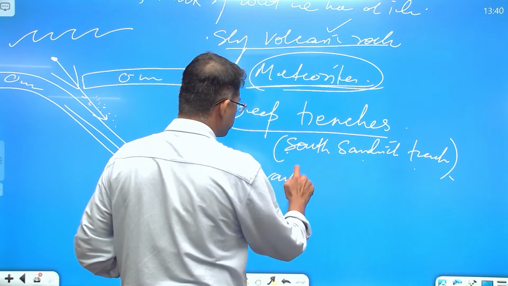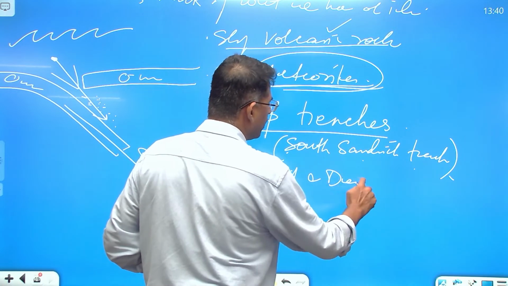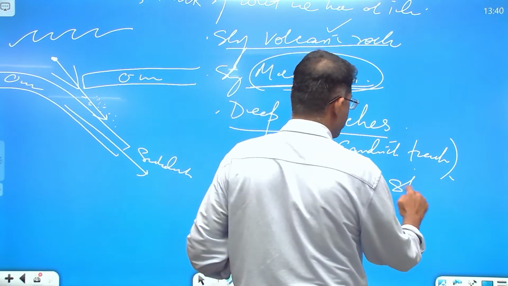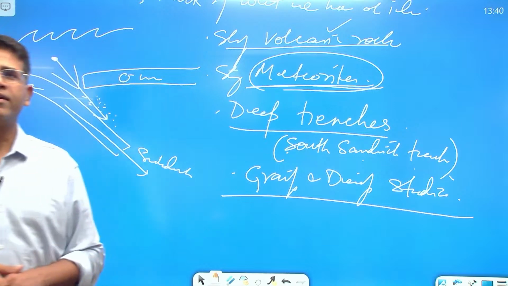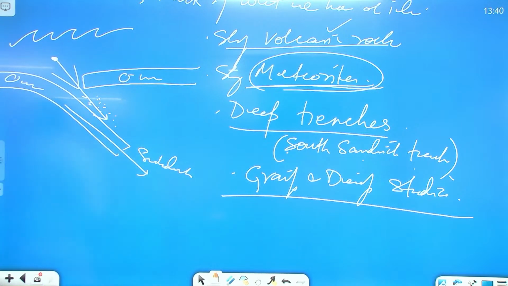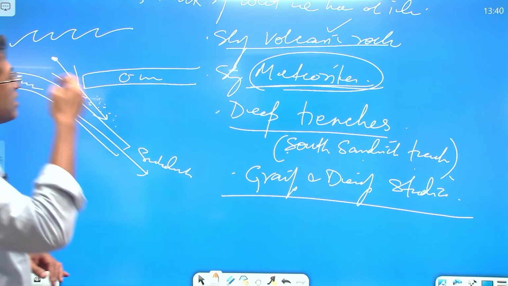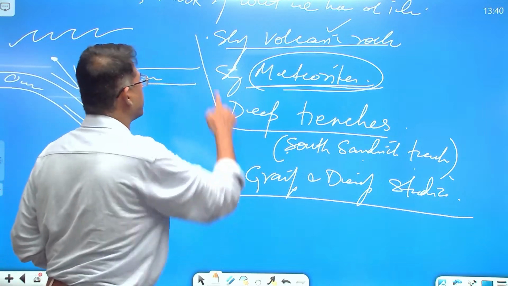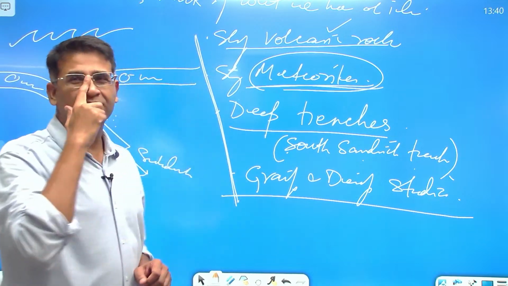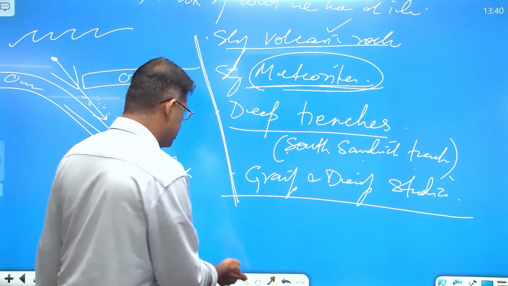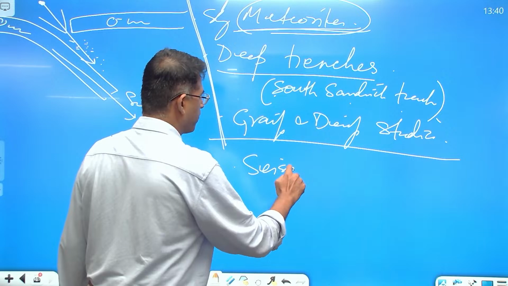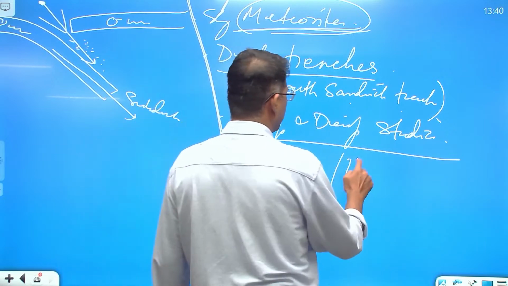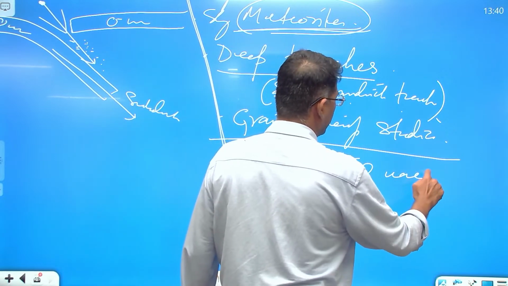And then there are some studies called gravity and density studies. So I am not discussing these in detail, just mentioning the names, because we want a study which is called seismic studies. These are more important. A seismic or earthquake waves study.